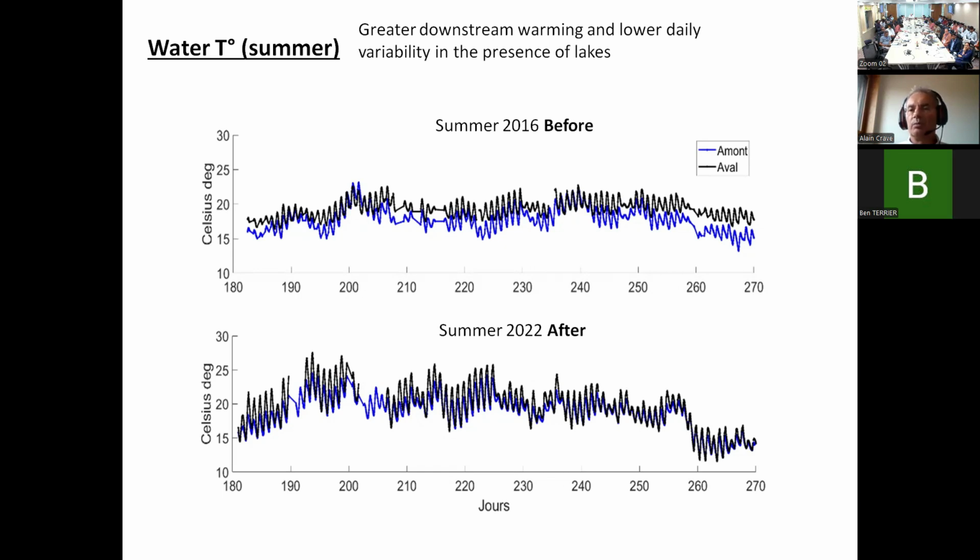And because of the effect of the dam, you have an increase of this effect of climate change. So after the removal of the dam, we reduce this impact, but we don't avoid the problem of climate change and the increase of the temperature in the river.